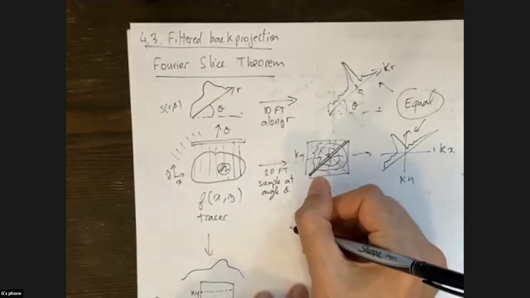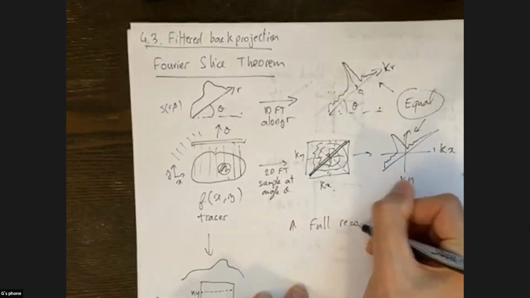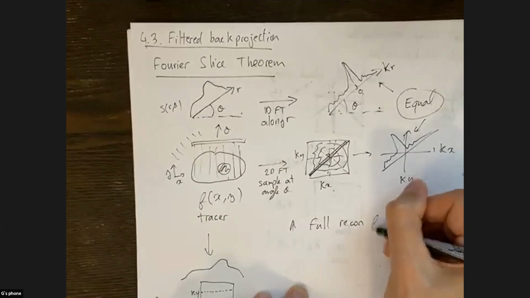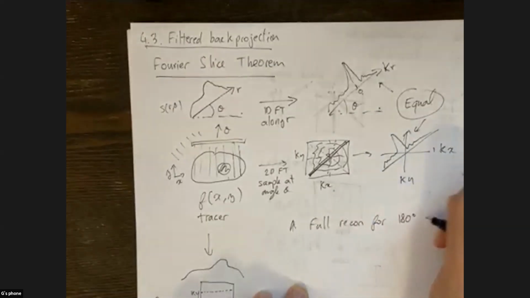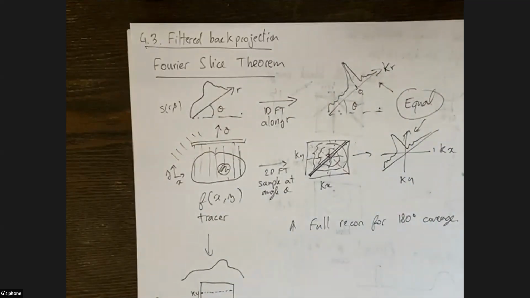So, full reconstruction for 180-degree coverage. So that's one of the conclusions. This is a key theorem for tomographic reconstruction.